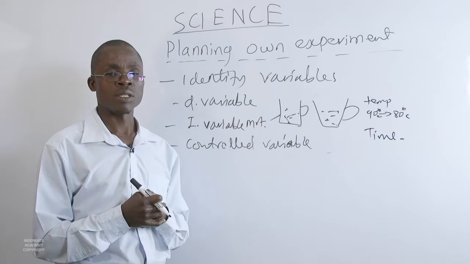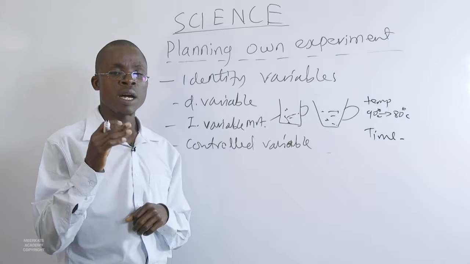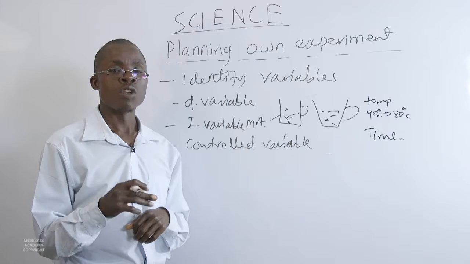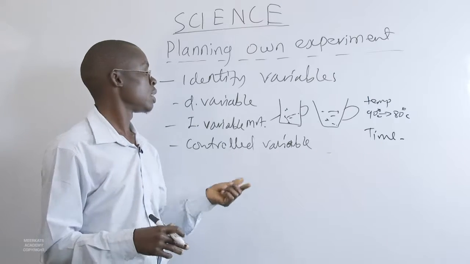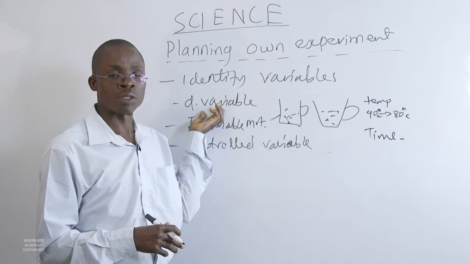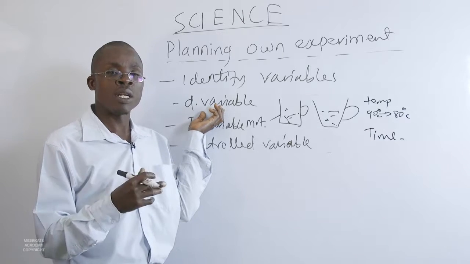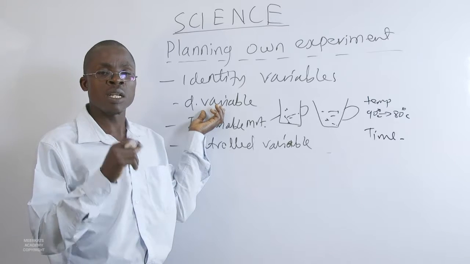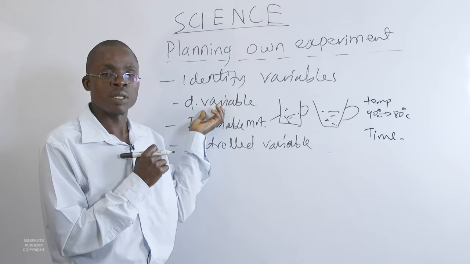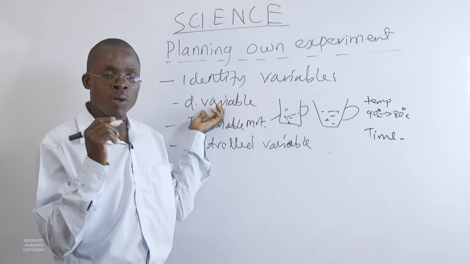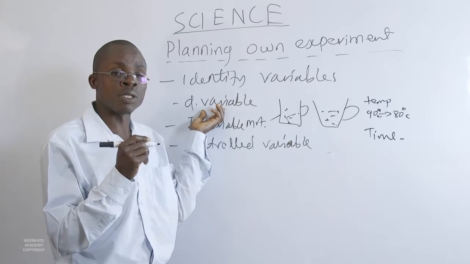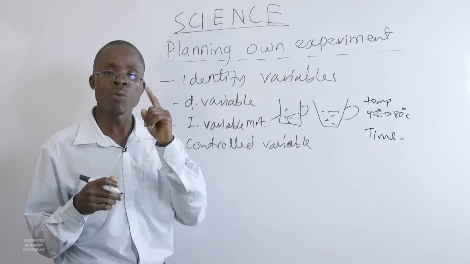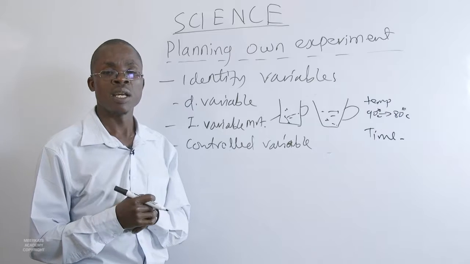What am I trying to say? When carrying out an experiment, you carry it out to test the dependent variables, to look for the effect of dependent variables. And when looking for these dependent variables, they can be more than one in a particular experiment.